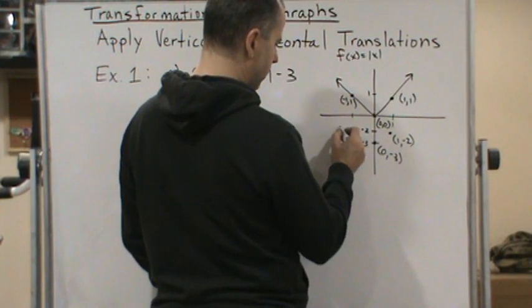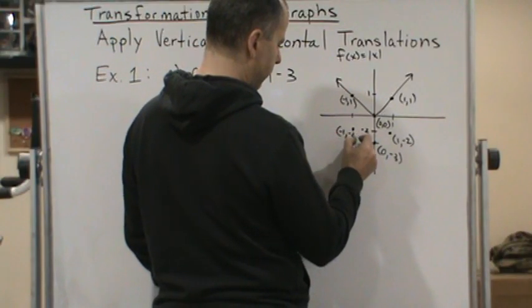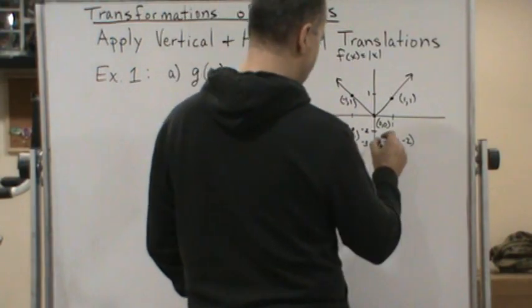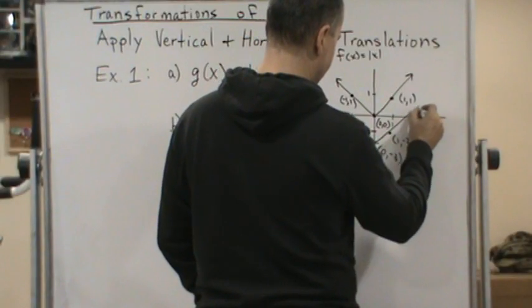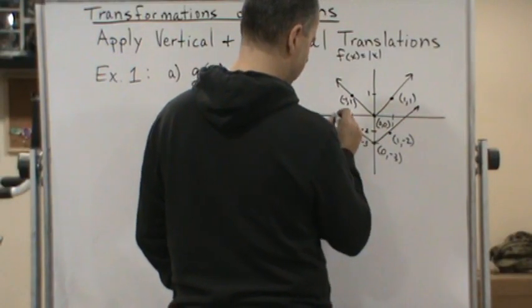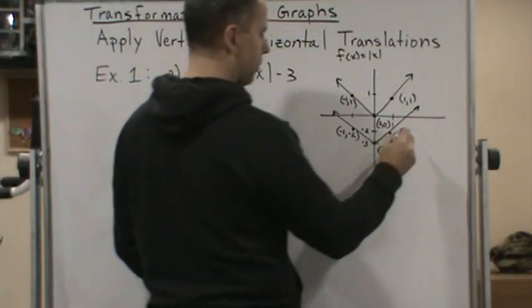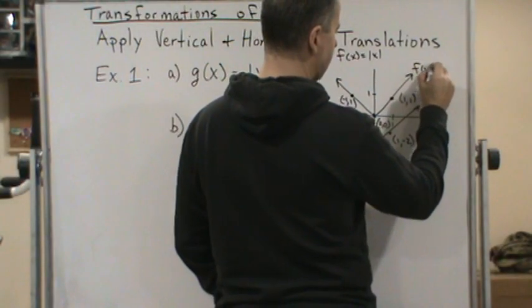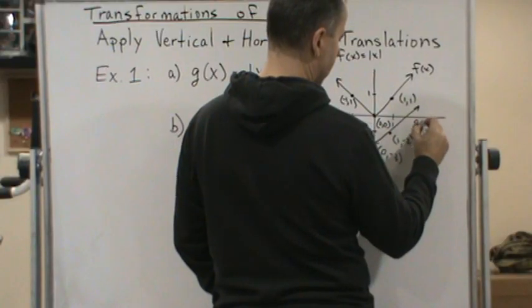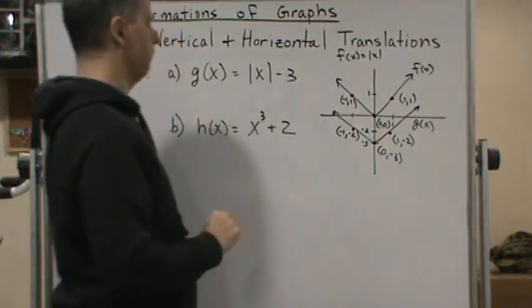And this other point shifted downward to negative 1 comma negative 2. And so now if I connect these, I get g of x. So here's the graph of g of x. So this was f of x, and this is g of x.